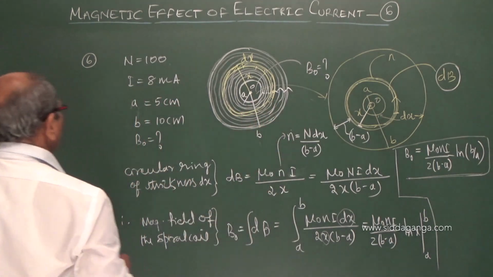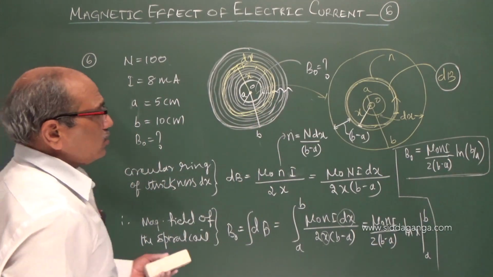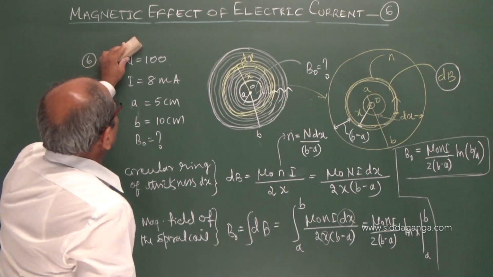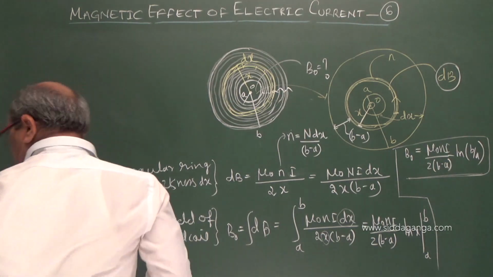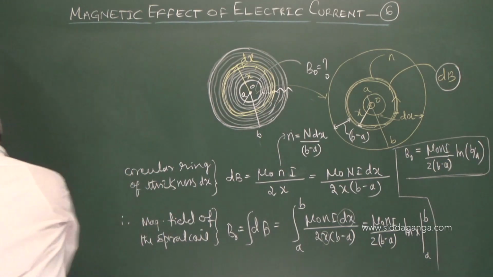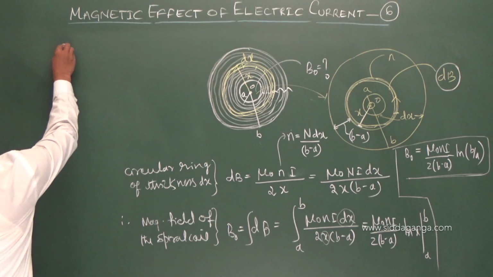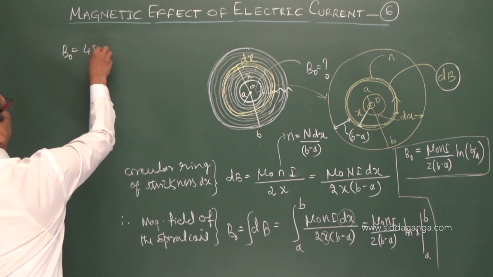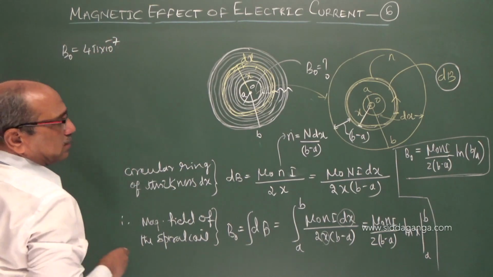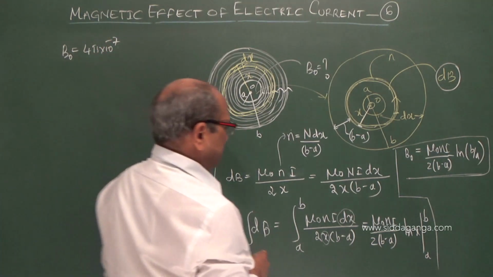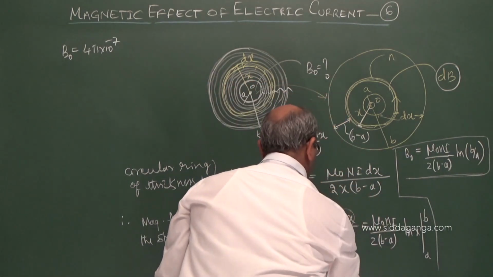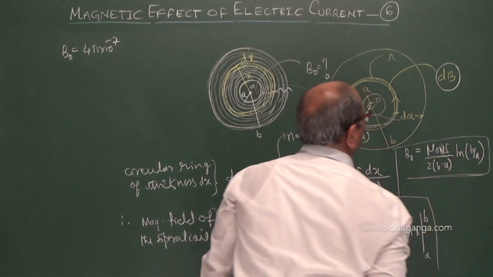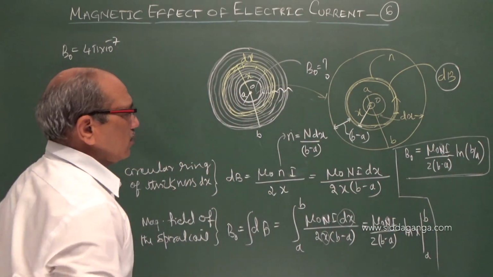Now I have to estimate that value. Knowing this data, I take the values. Then B naught equals mu naught, which is 4 pi into 10 power minus 7, times capital N. One correction, it is capital N, because it is N by b minus a.